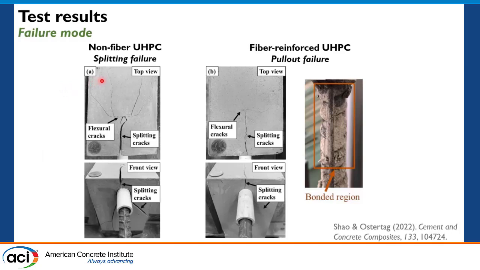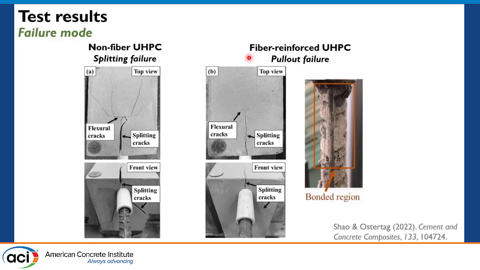Here I'm showing the crack pattern and failure mode of both non-fiber and fiber reinforced UHPC. For non-fiber UHPC, as I mentioned, once a splitting crack forms, it opens unstably and the specimen just failed due to the formation of the splitting crack. When we pull out the bar, there is minimal residual powder between ribs, showing that the failure was almost completely caused by splitting.